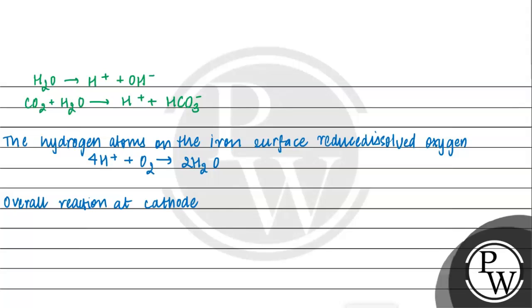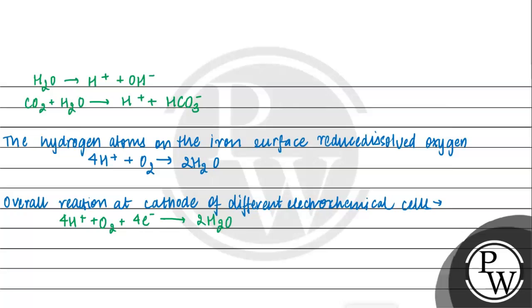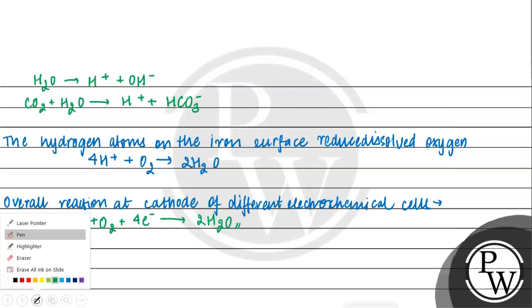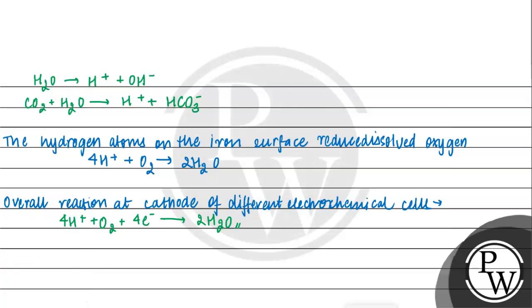Overall reaction at cathode of different electrochemical cells: 4H+ ions plus O2 plus 4 electrons gives 2H2O. ठीक है. अब अगर हमें रस्टिंग का ओवरऑल रिडॉक्स रिएक्शन देखना हो.